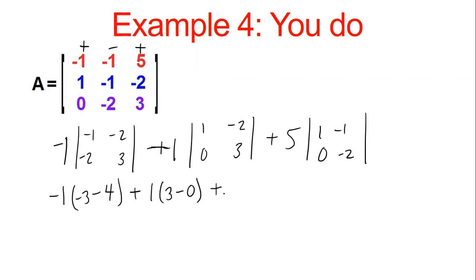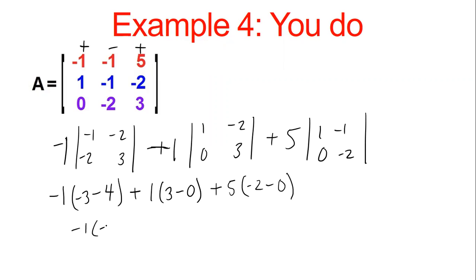Does the order of your subtraction matter? Yes. 0 minus 3. It matters. You go from left to right, just like you read. Plus 5. And we have 1 times -2 is -2. 0 times -1 is 0. You got it? So we found our errors if we had them.